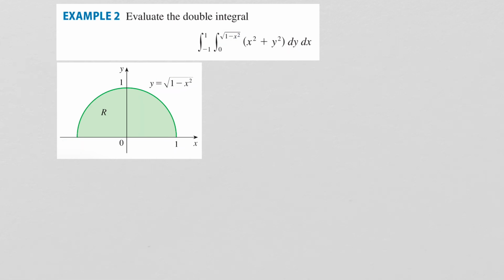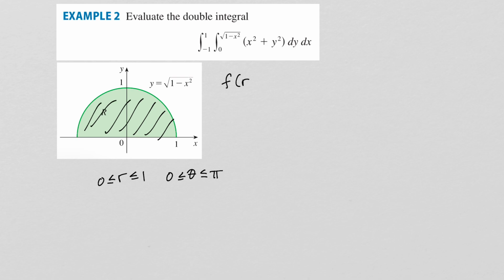So let's first observe that r is a number between 0 and 1, and theta is an angle between 0 and pi. That perfectly describes this region. And then f of r cosine theta, r sine theta, is simply r cosine of theta quantity squared plus r sine of theta quantity squared.